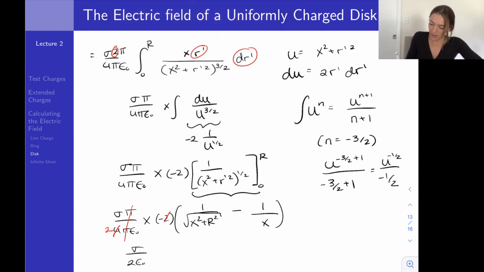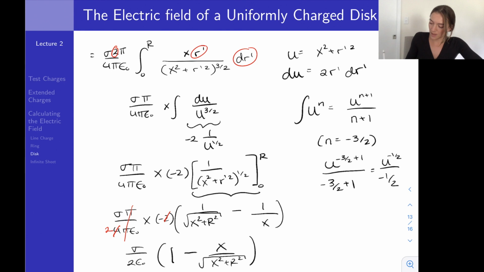We've got a negative we're distributing over here, which will give us a positive. And then we have an x, which we're distributing out over here. So we're just going to have 1 minus, because now we're distributing this negative to this term, x over the square root of x squared plus r squared, since I've distributed this x over here.